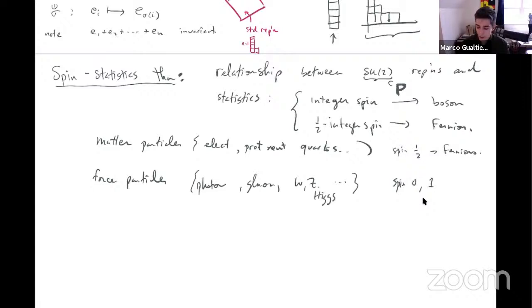Spin 0 or 1, and these are bosons. Okay, and the dimensions, remember that integer spin representations have odd dimension for SO3, and half integer spin representations have even dimension for SU2.